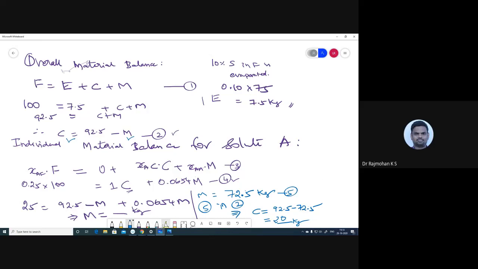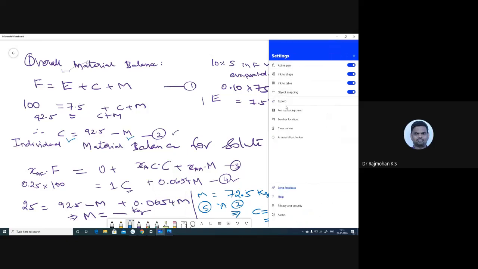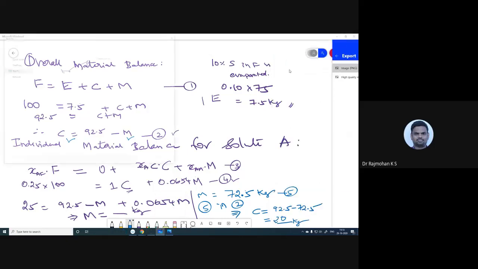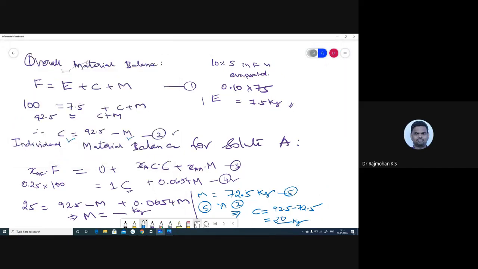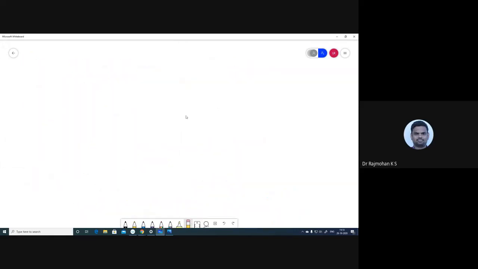So how to verify? We have seen the step-by-step procedure for what should be done. We have to verify the values by substituting into the overall material balance.